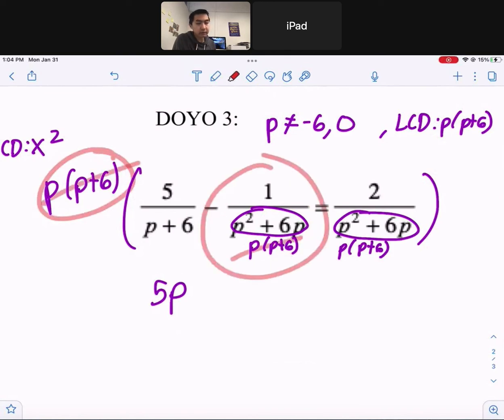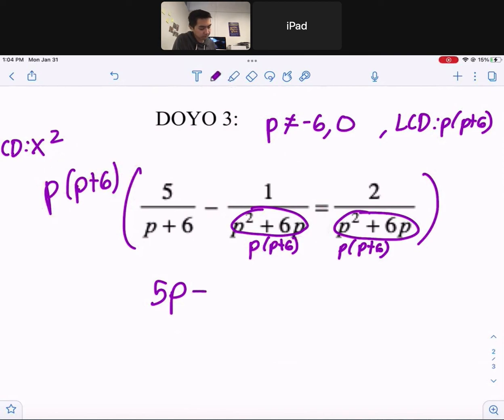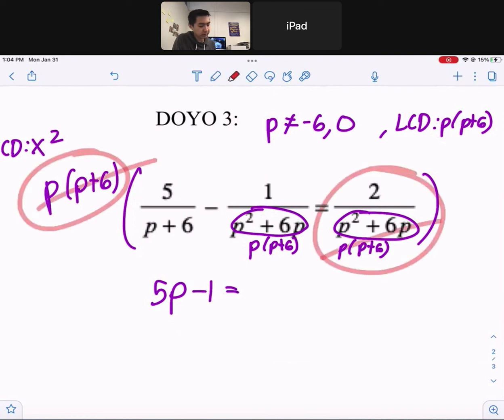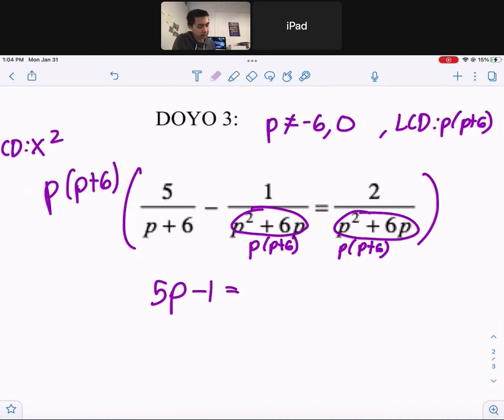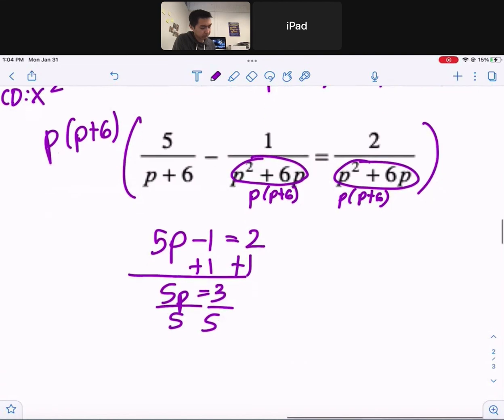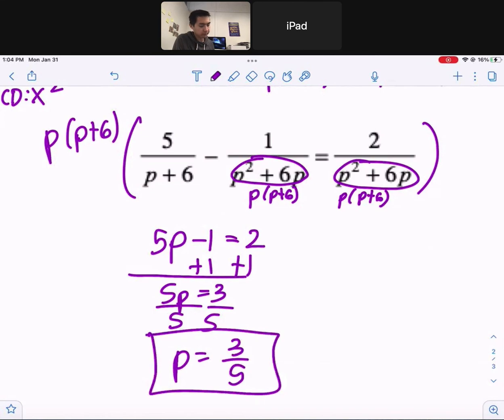The p times p plus 6 cancel, so all we're left with is negative 1. And this times this, you guys, the p times p plus 6 is canceled, so all left with is a 2. Add 1 to both sides, divide both sides by 5. And p equals 3 over 5.